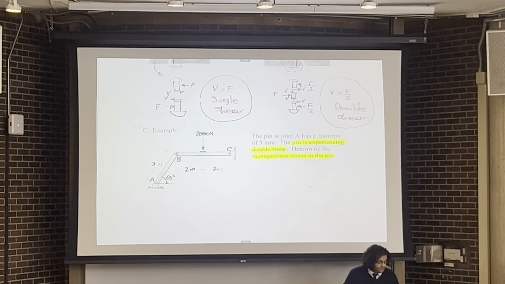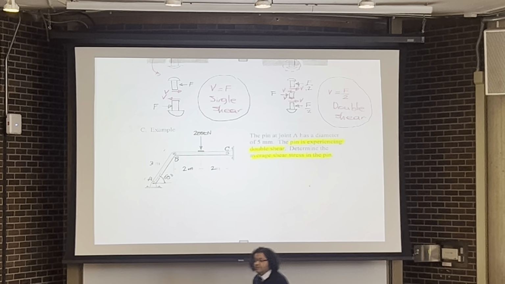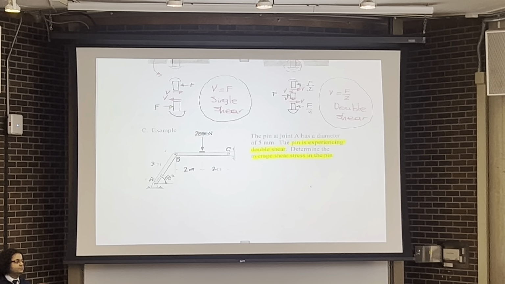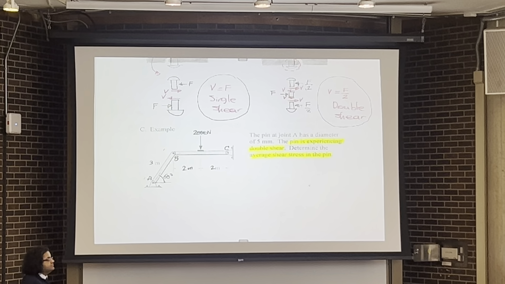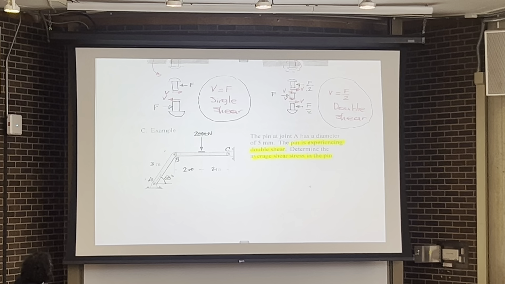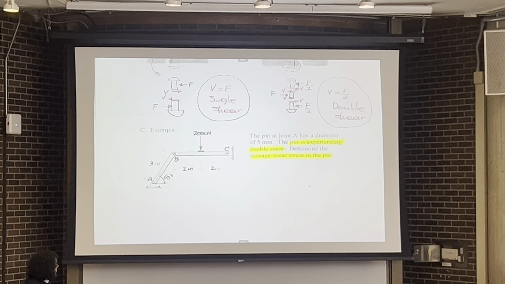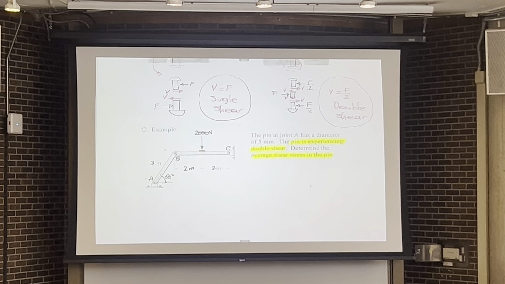What should I do? What do you recommend me doing? Divide the axial force by 2. So what axial force? The one that we got from the last problem. Exactly. So as you see, AB is under compression.